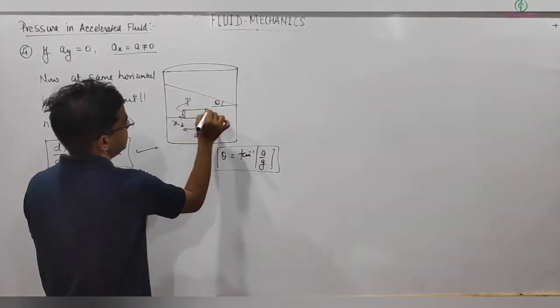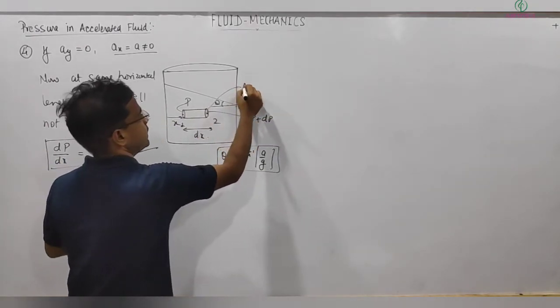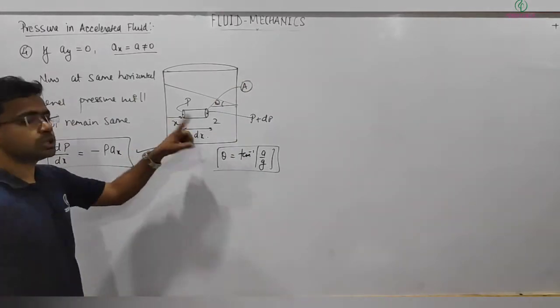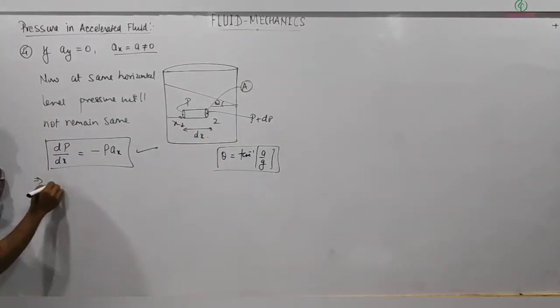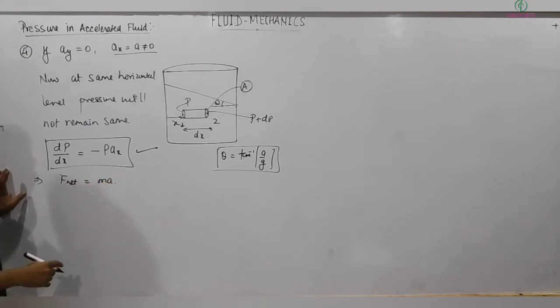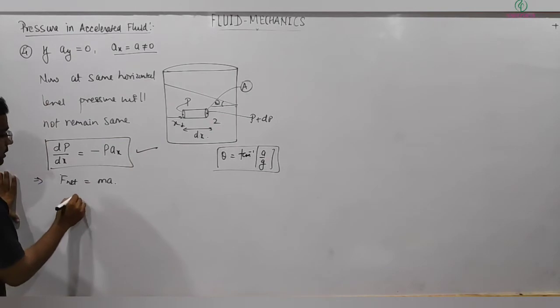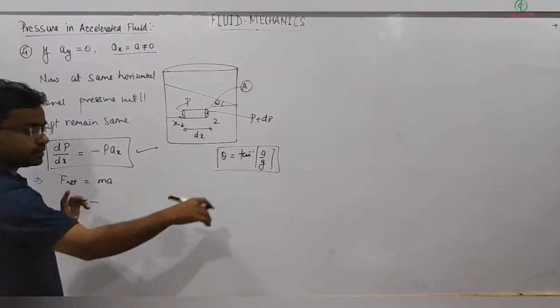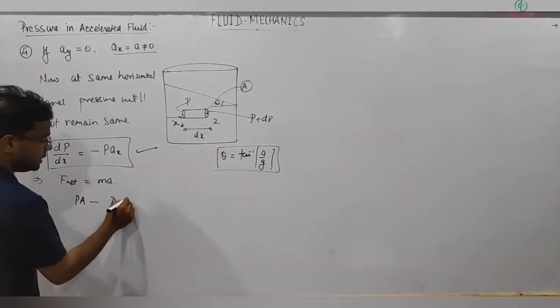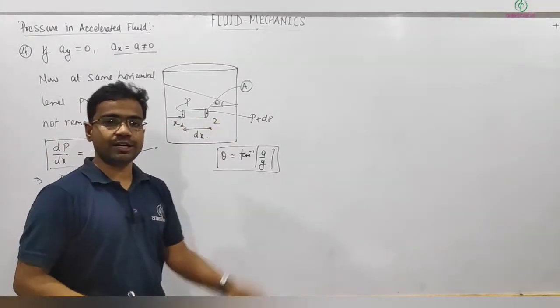Let's say the pressure here is P, the pressure here is P plus dp, and the area of cross section is A. Then I can write net force is equal to ma. So net force is m into acceleration. The right direction force is P into A, the left is P plus dp multiplied by A, and there is no weight in the horizontal direction.